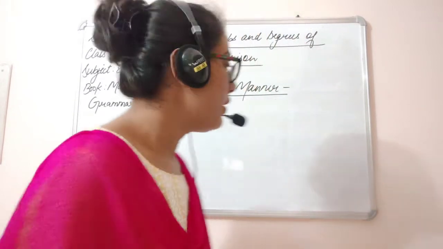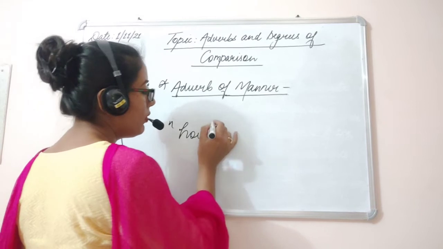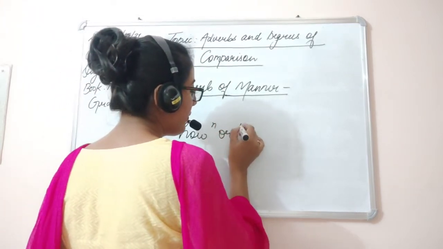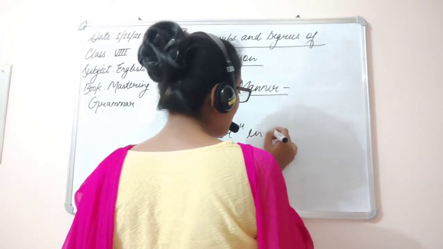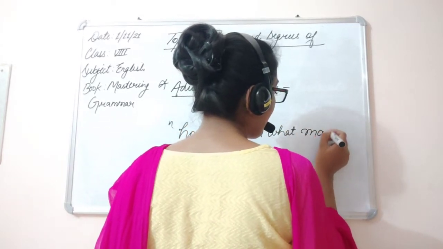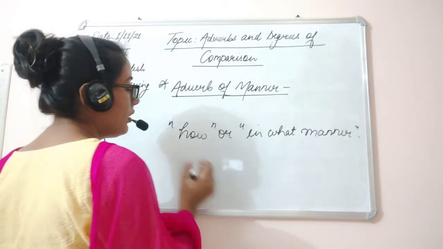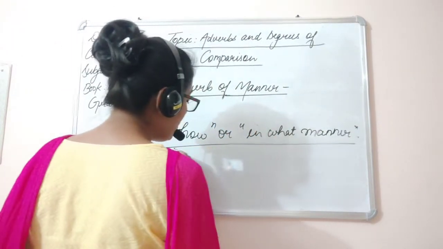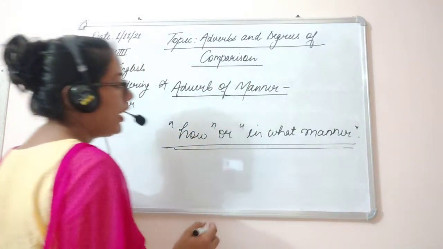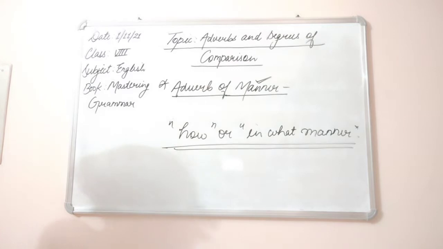And the question that is asked is from how or in what manner. Okay, when you ask a question from these two, you get the answer of adverb of manner. I hope it is clear to all of you.